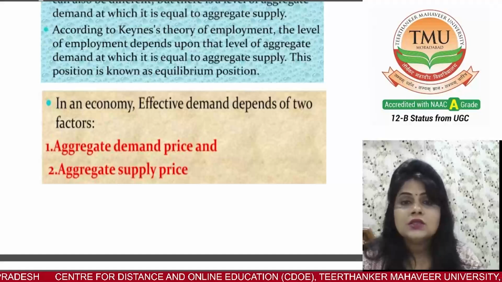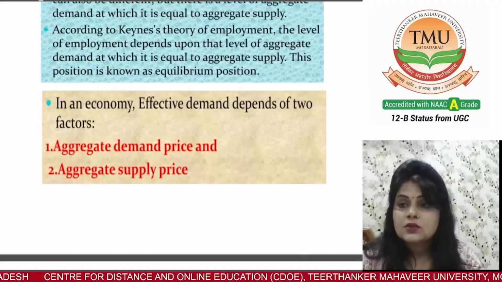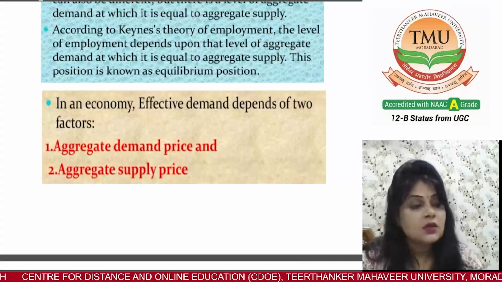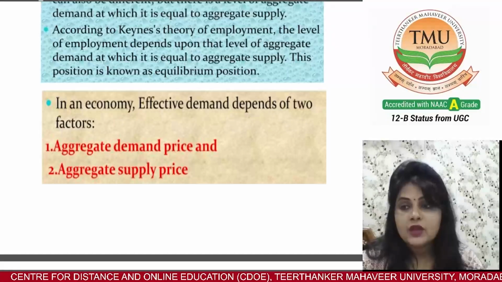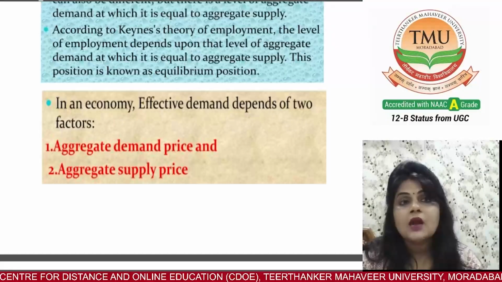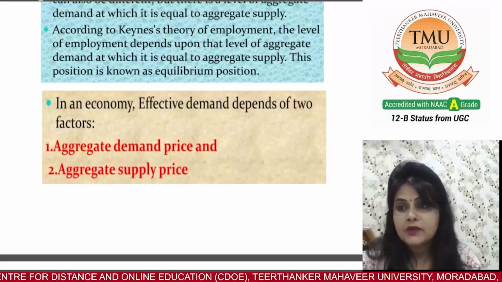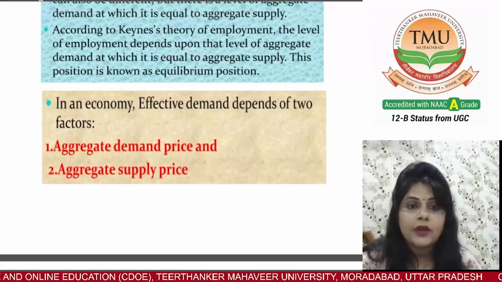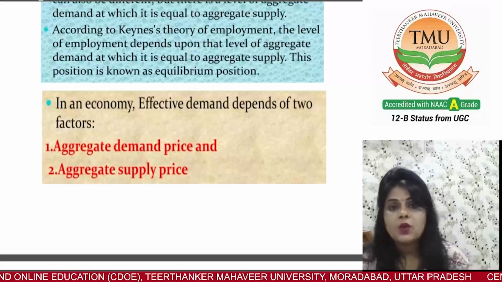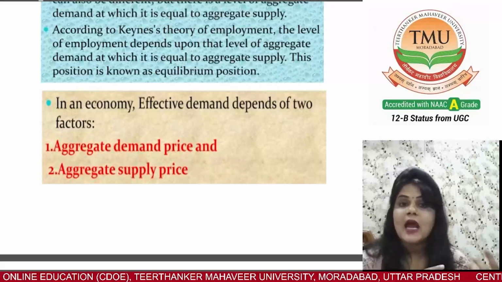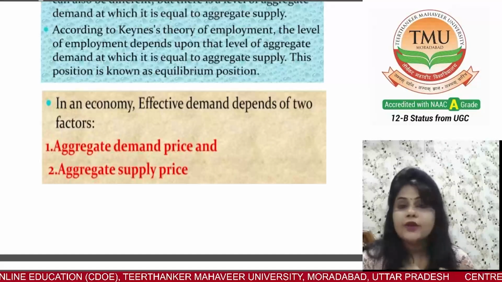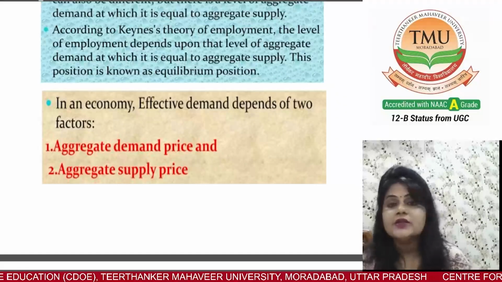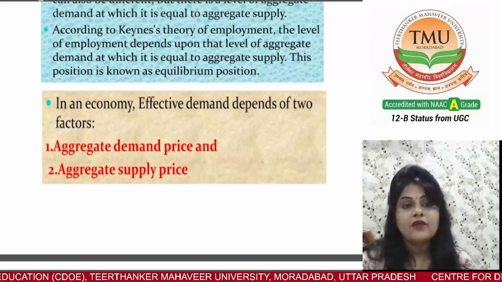So Keynes says that effective demand is the main variable to increase the level of employment. Effective demand is that point in Keynes' words, the value of D, meaning aggregate demand, at the point of the aggregate demand function where it is intersected by the aggregate supply function.